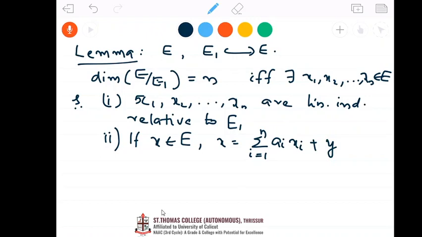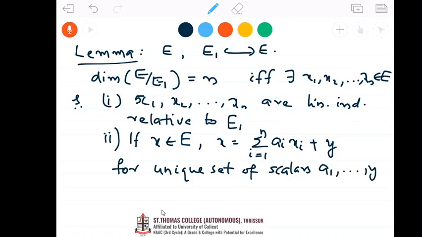That means unique scalars a1, a2, etc., an and unique y in E1.